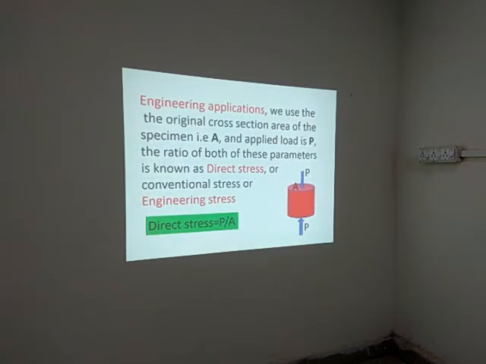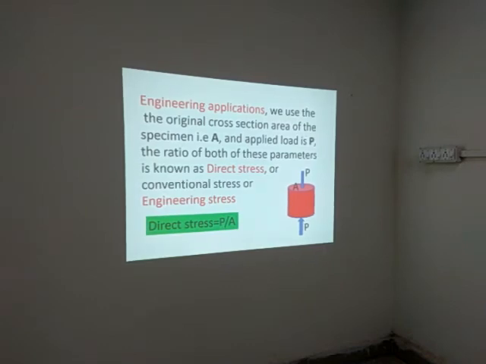What is the engineering application of direct stress? In the image on the slide, a cylindrical bar is acted on by two forces that are compressive in nature, the load applied from the top and its reaction from the bottom, both trying to push the member and shorten its length.